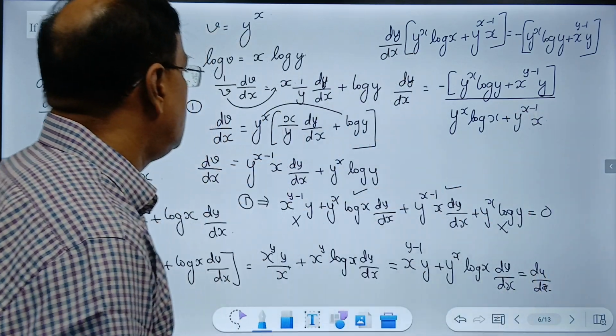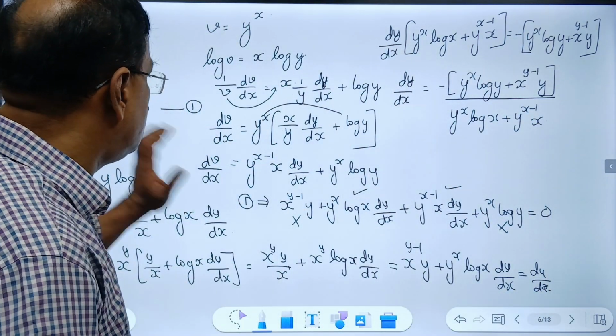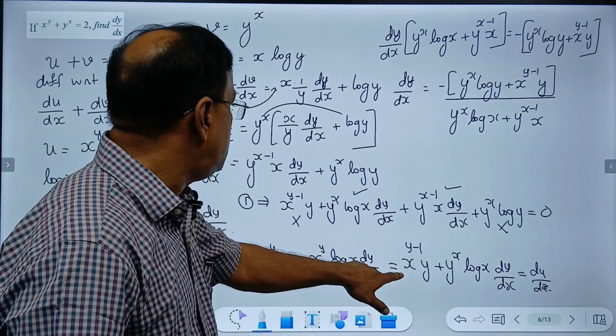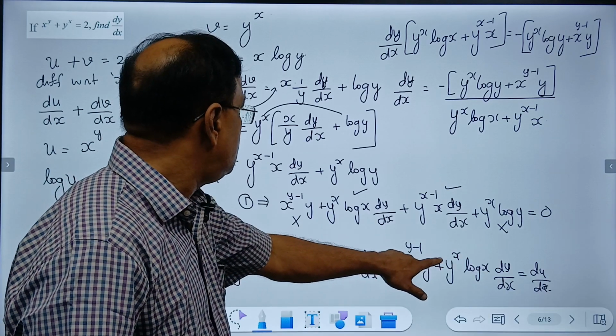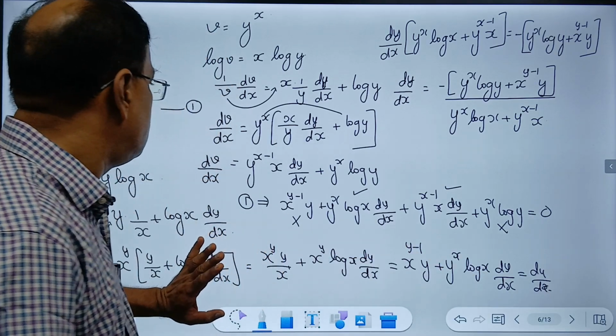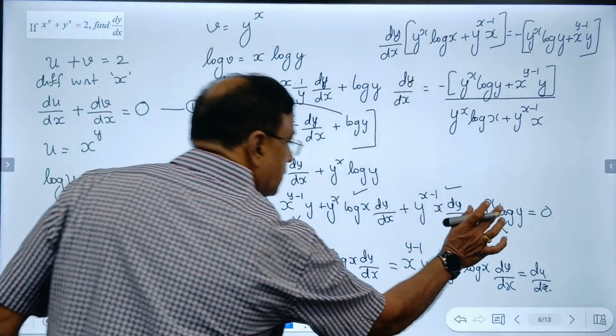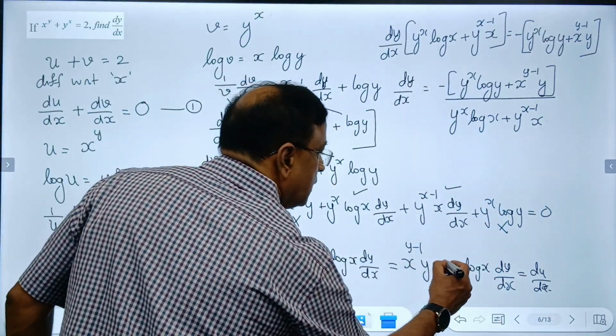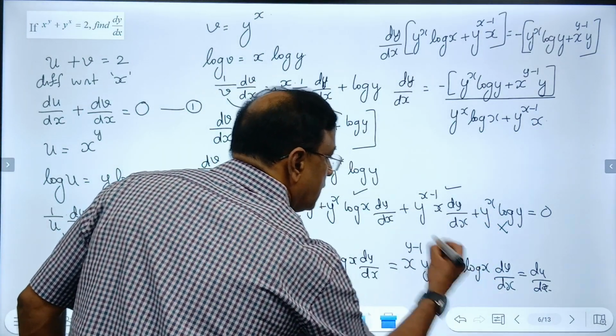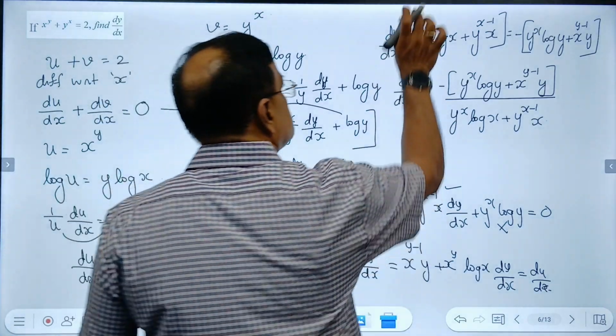Okay, I hope I have not made any mistake. x^y is y^x. Okay, everything. I think I made a mistake here. Okay, x^y. So this should have been x^y.